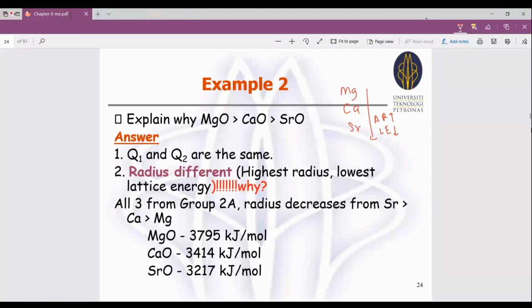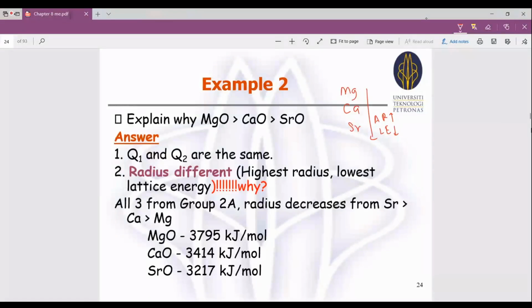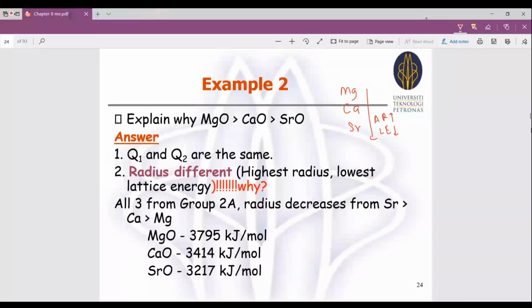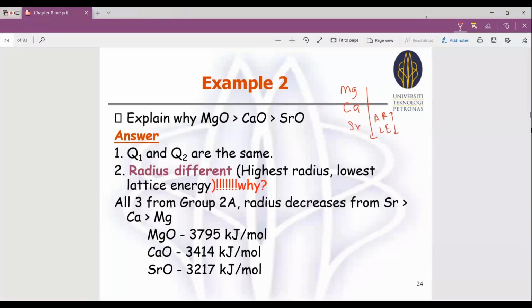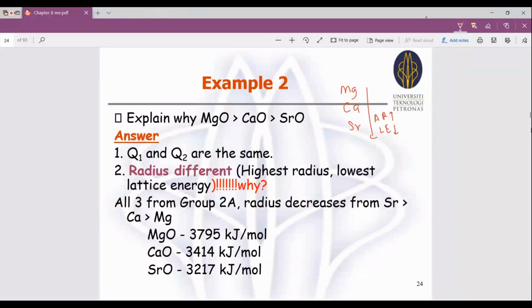Explain why magnesium is greater of what? Greater lattice energy. Magnesium is greater than Ca, greater than Sr, in terms of lattice energy.